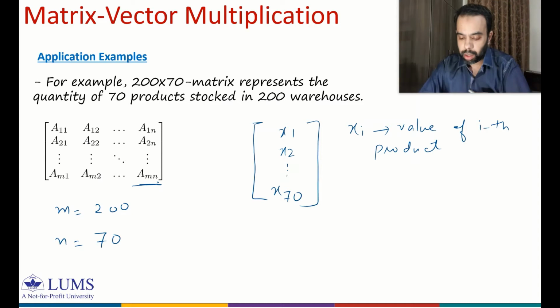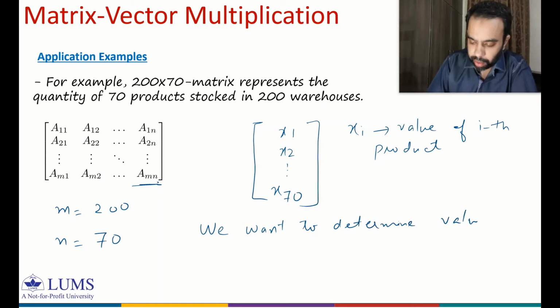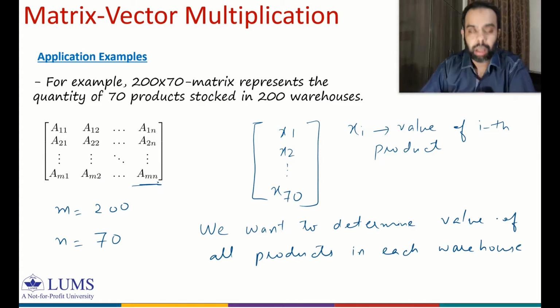And what we want is to find out the value of all the products for each warehouse. How should we compute it? For example, for the second warehouse, what do we want to determine? We want to determine a21 times x1 plus a22 times x2, and so on and so forth.